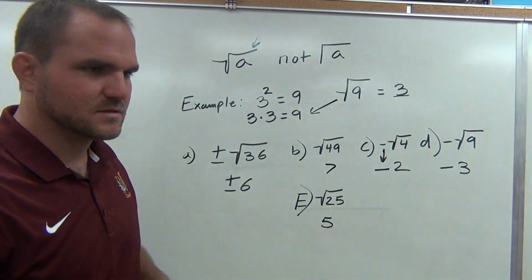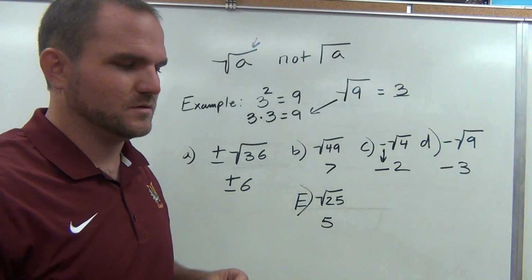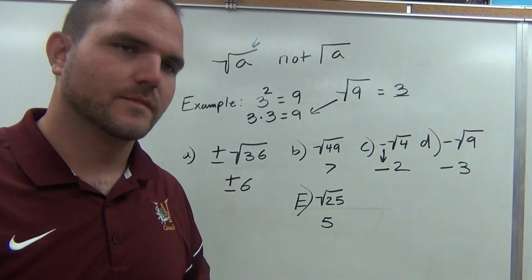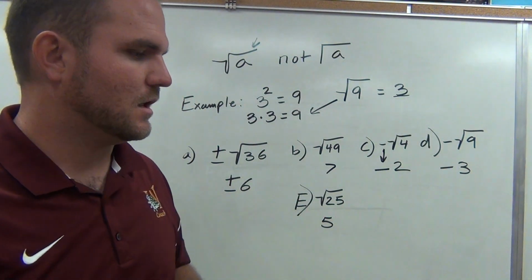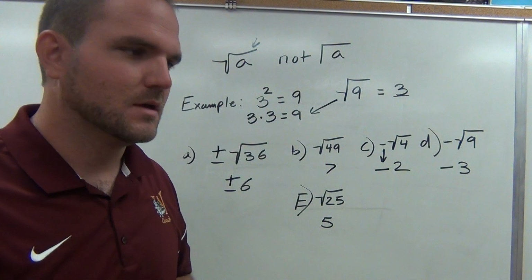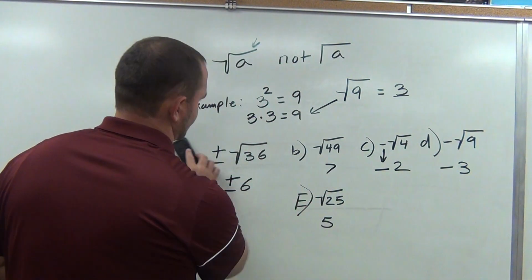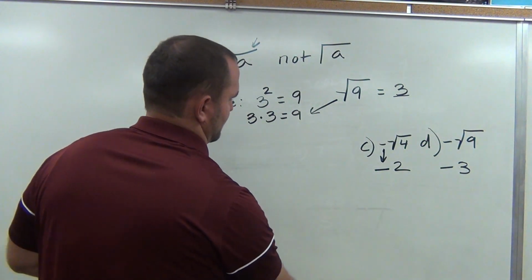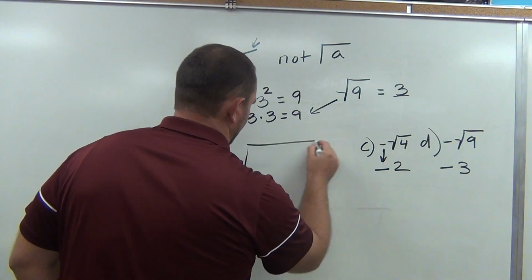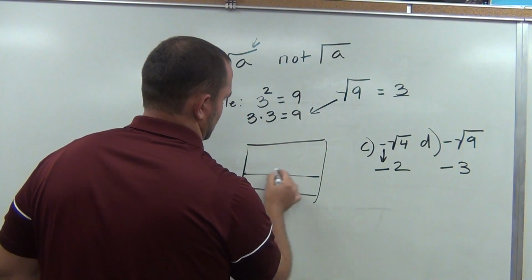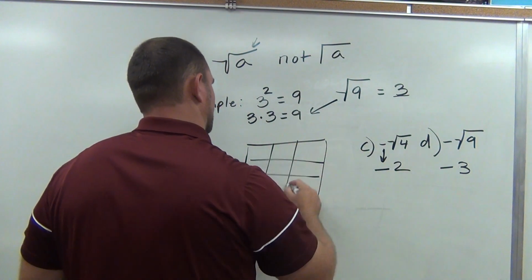Now, square roots and squared, you'll get into this a little bit more in geometry, but you'll see them a lot with area. You're trying to figure out kind of like a box. It's probably a horrible box, but it's okay.